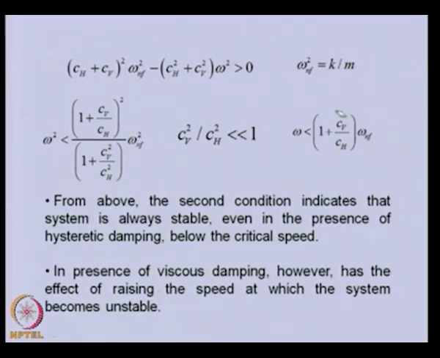So, if we can provide more viscous damping in the system, in the form of a damper or in the bearing, we can raise this instability speed up to a certain level.